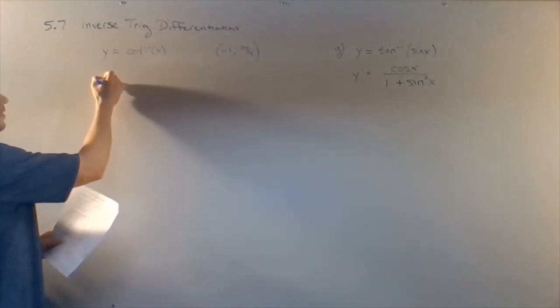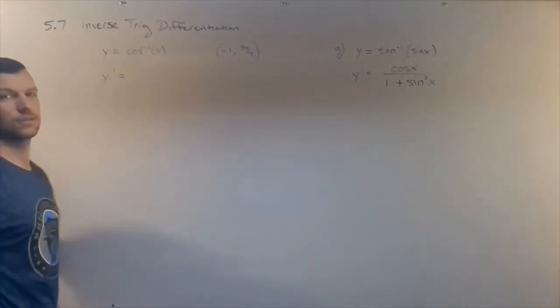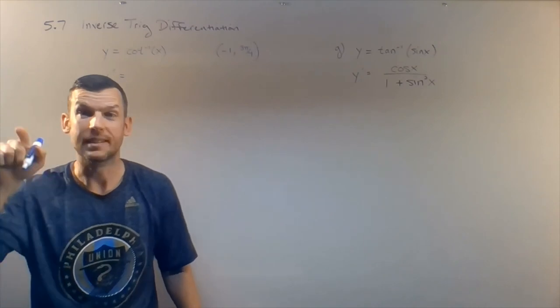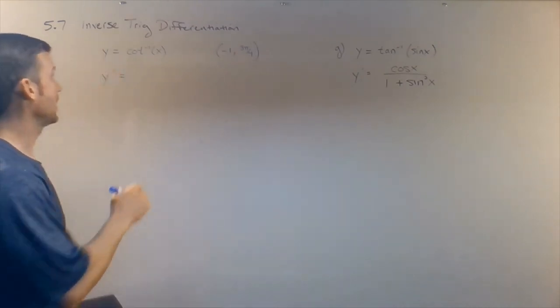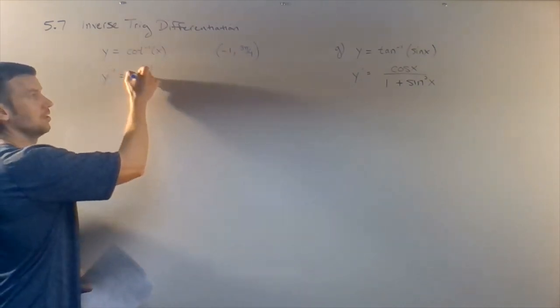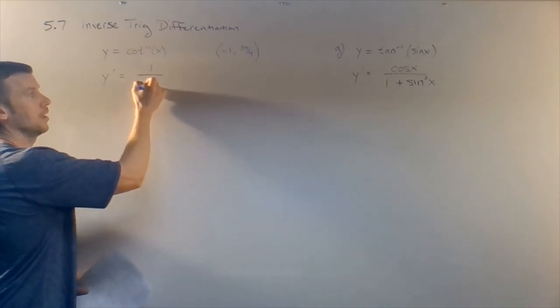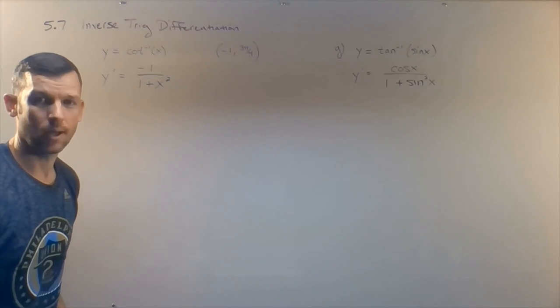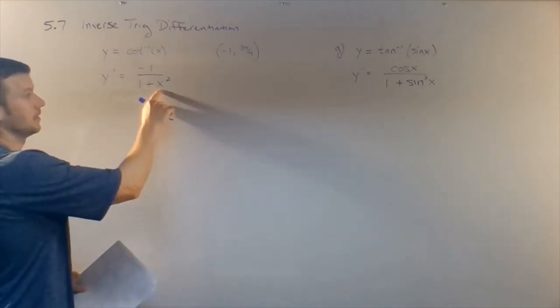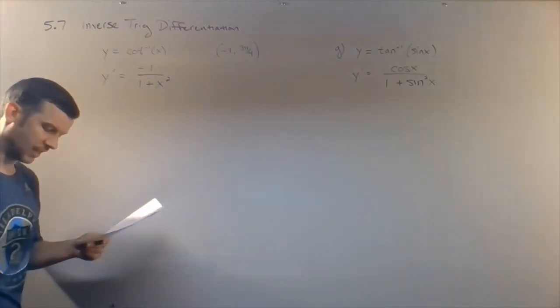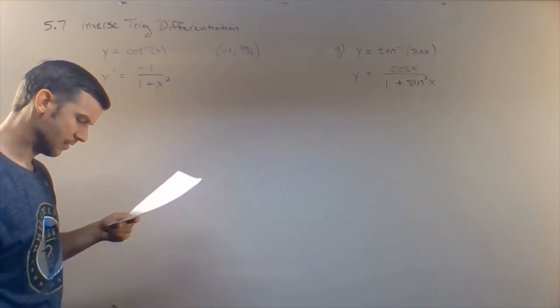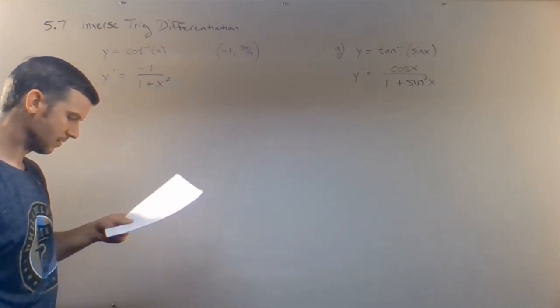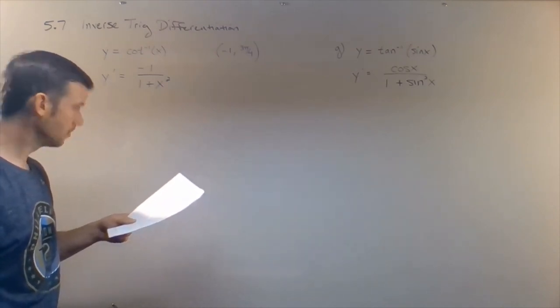So the derivative of cotangent, it's the derivative of tangent but negative, okay? Derivative of tangent is the derivative of the function over 1 plus the function squared, but it's negative, okay? If you plug your x in there, you actually get undefined. No, you don't.